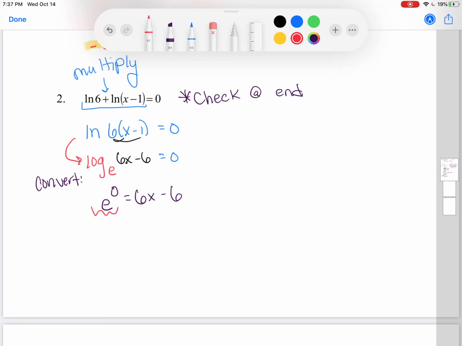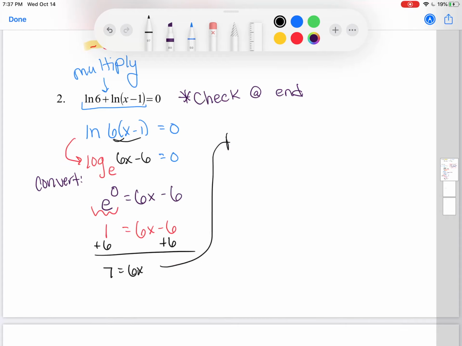Now we have things in terms of e on the left-hand side. I can type that into the calculator if I would really like to. Or I can use my knowledge of exponentials, and I know that anything raised to the 0 power is always going to be 1. So e to the 0 power changes to just 1, and I'm going to keep solving.